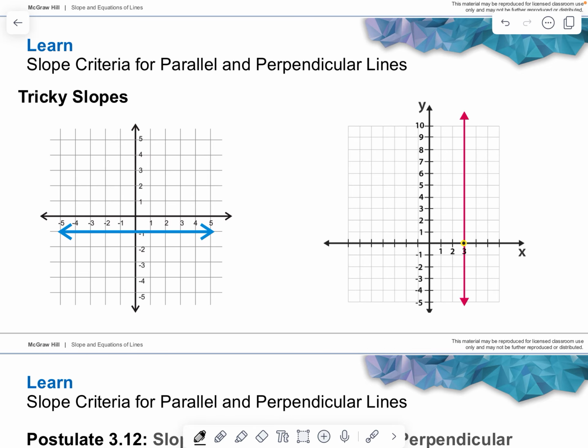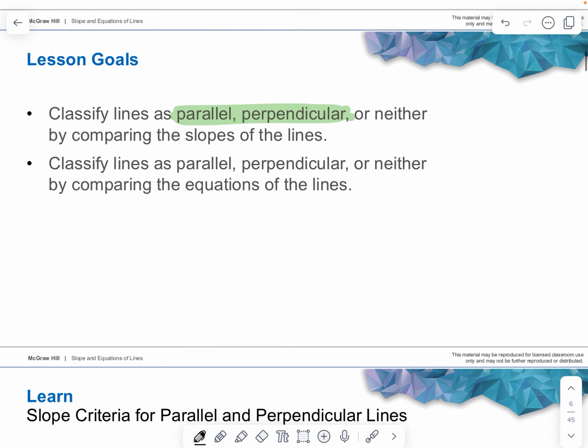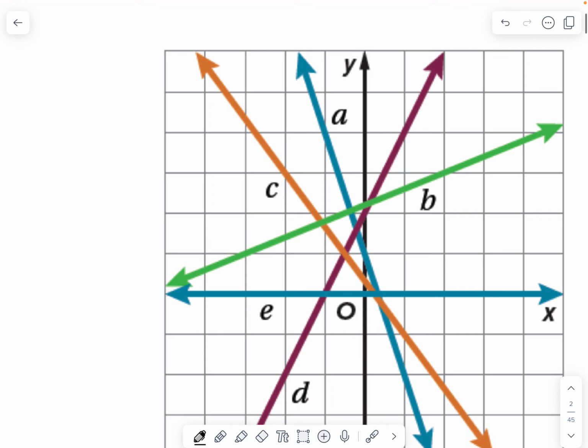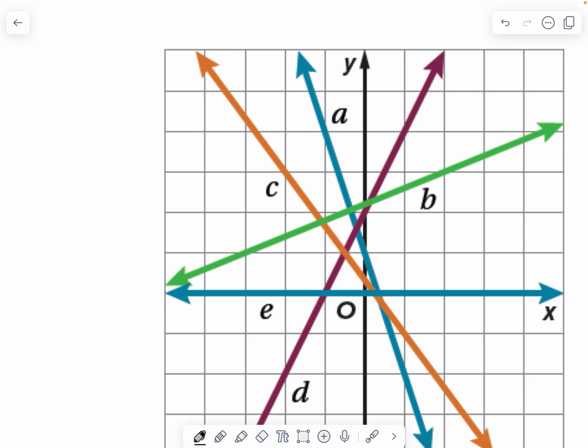So let's look at some of these. I'm betting that we kind of know some of our slopes. Let's look at this green line, for those of us who are colorblind. If we pick out 2 points, this green line crosses through 2 of those points.